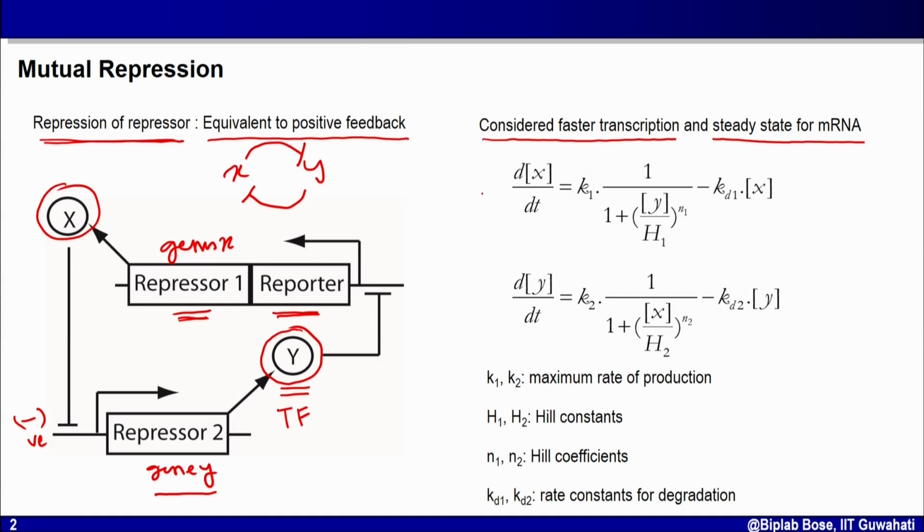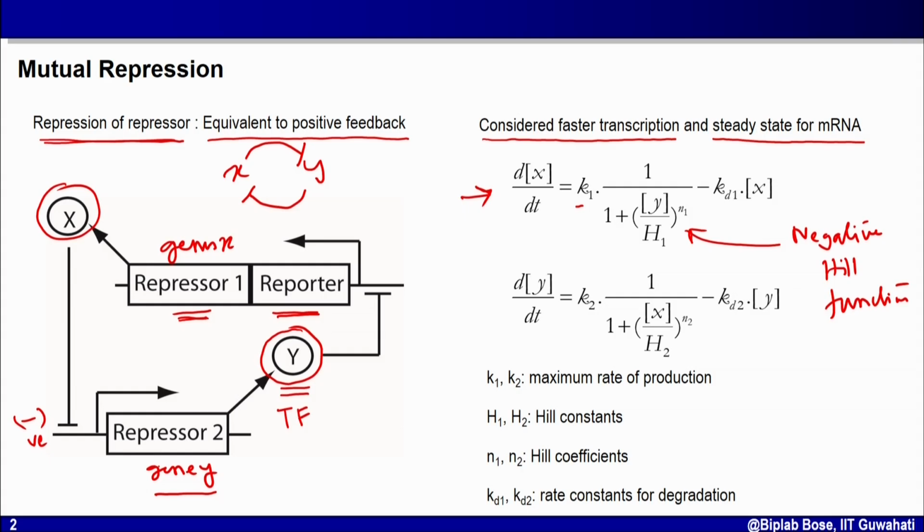So dx/dt, the first ODE that I have, that is the rate of change of protein X concentration, is equal to k1 into 1 by (1 plus (Y divided by H1) to the power n). So what I have considered here is a negative Hill function, because Y is inhibiting X, and usually this type of inhibition is non-linear and follows sigmoid behavior.